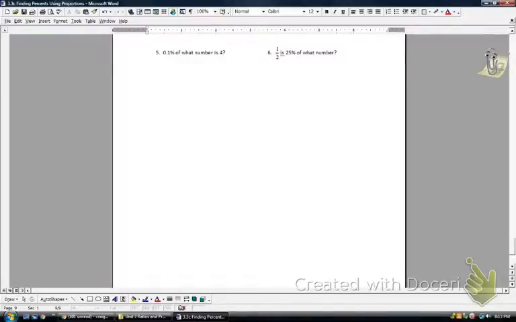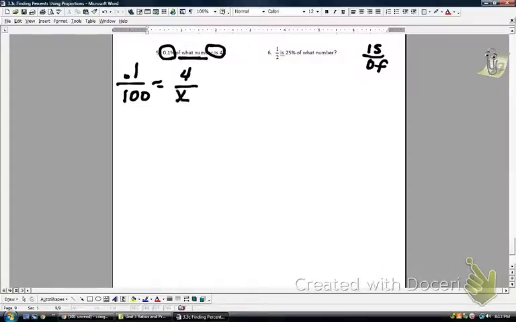Okay, my last two examples start with my cheat sheet, is over of. Then number 5, I'm going to start with the percent. So I have 0.1 over 100 equals is over of. So is 4 goes on top. Then of what number?